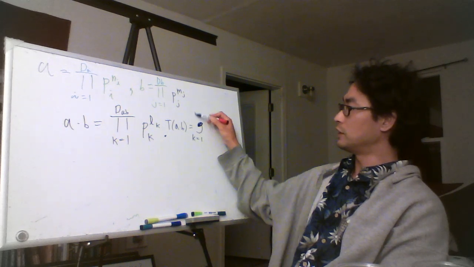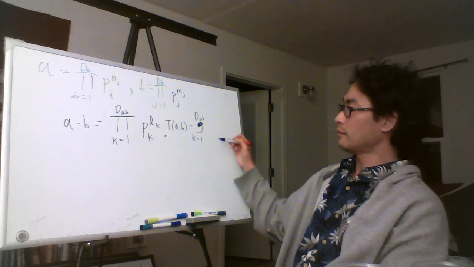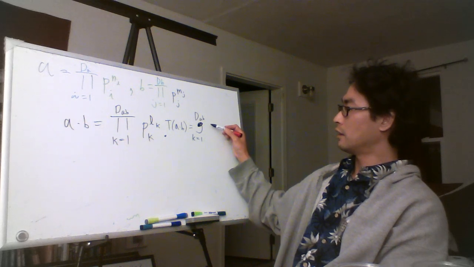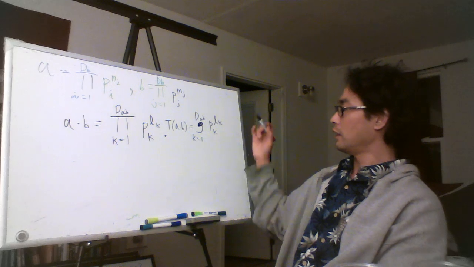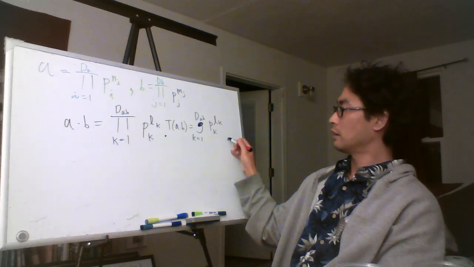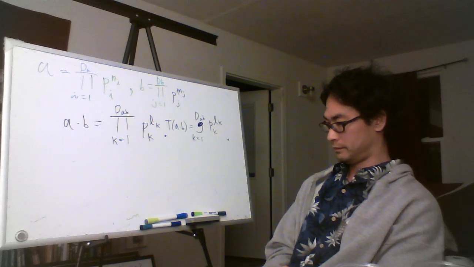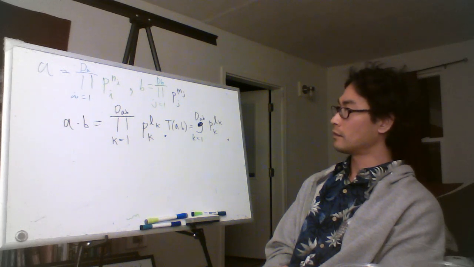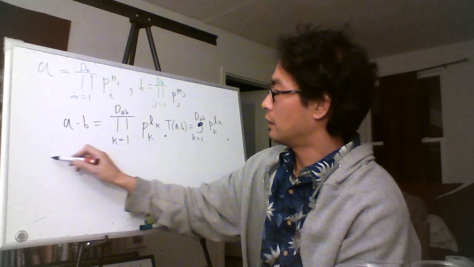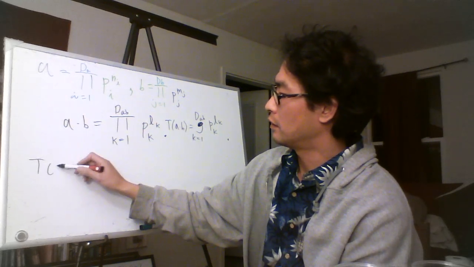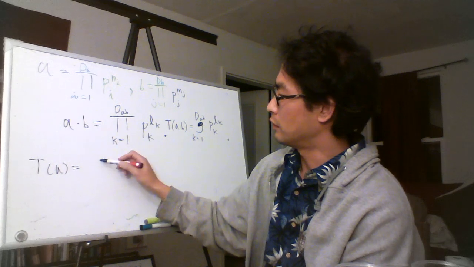K from 1 to d of ab, pk, lk, okay? Now, T of A is what?